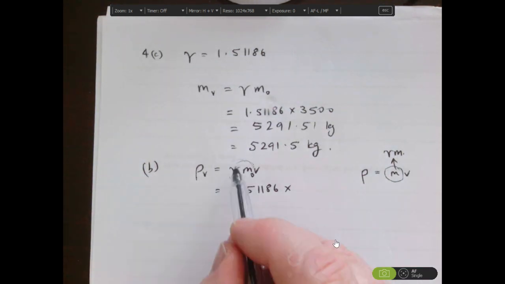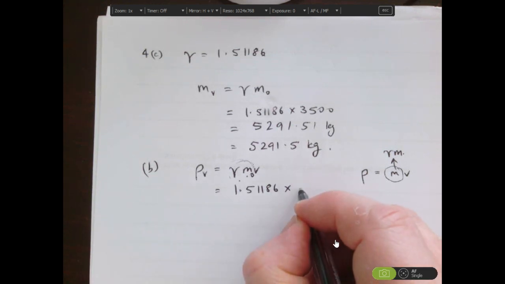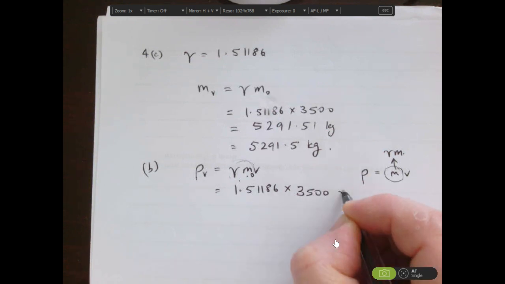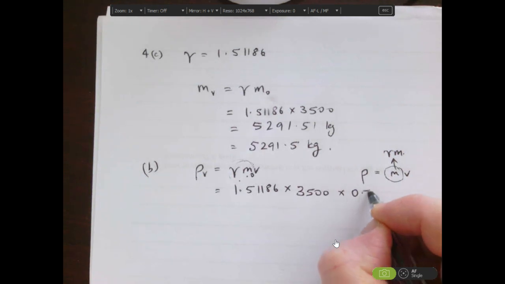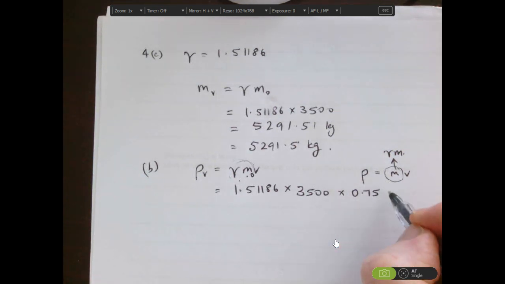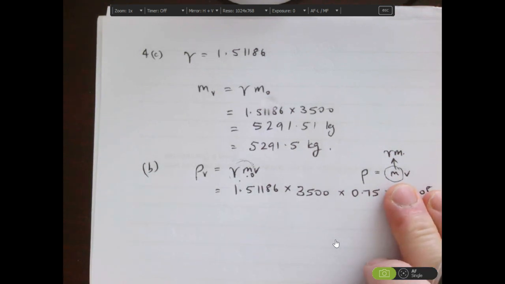Okay, so that's all this formula is. So that number there is the rest mass, which is 3,500, times its velocity. Now it's traveling at 0.75 speed of light. Don't forget to also multiply by the speed of light, which is 3 times 10 to the 8, not just by that one.